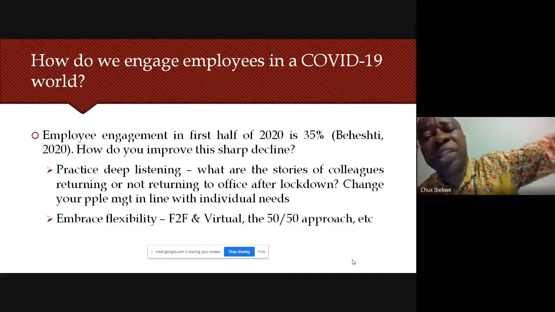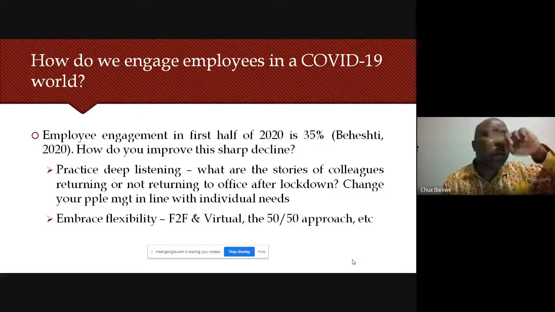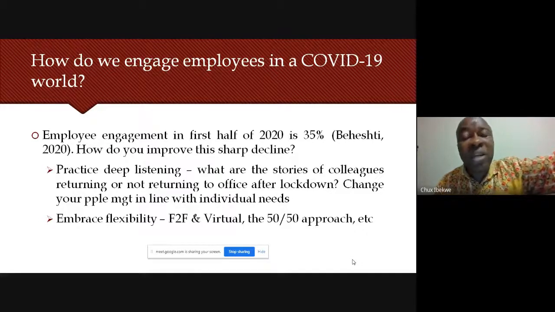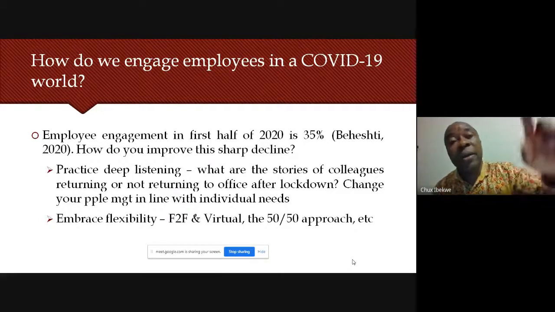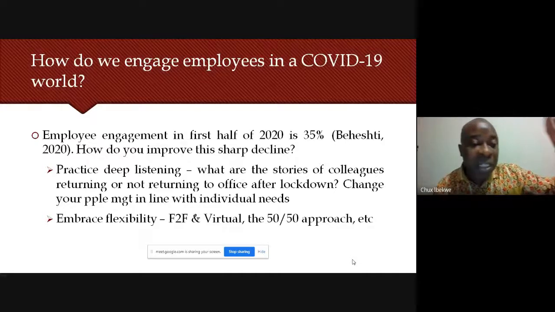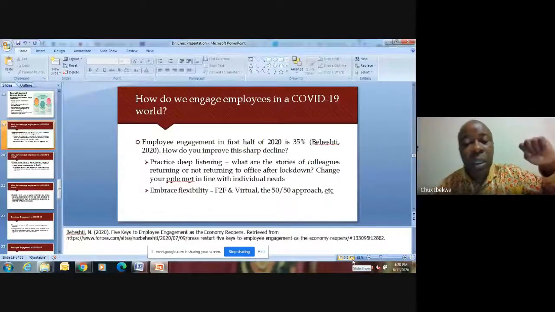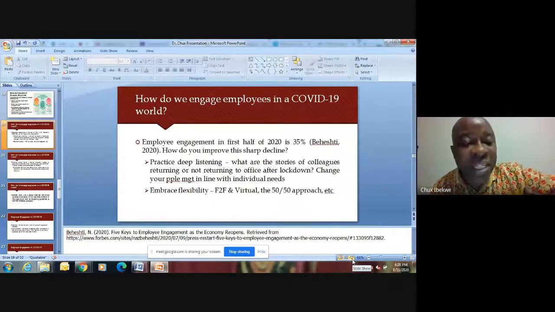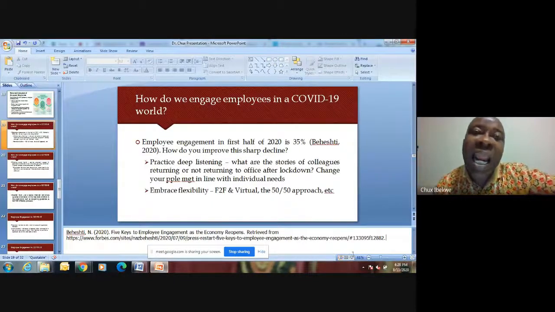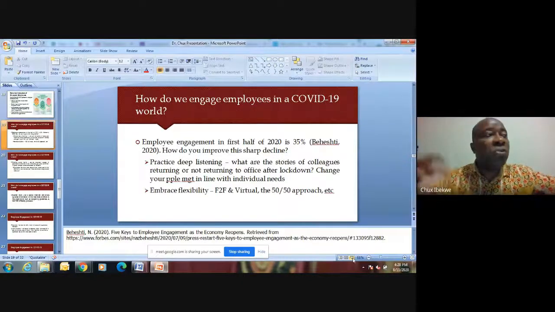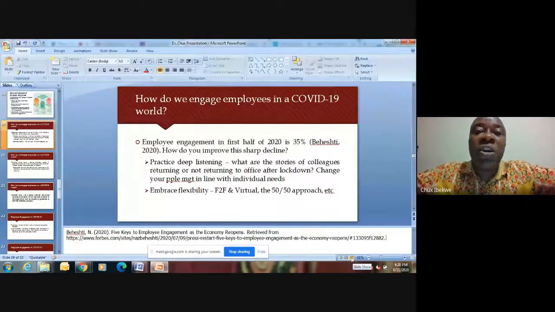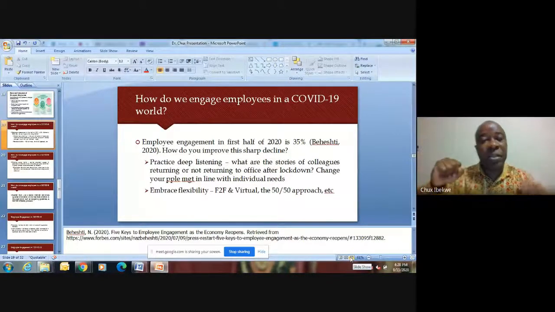Embrace flexibility, my good friends. Part of that flexibility includes face-to-face. Please, I'm on slide number 19. Face-to-face, when practicable, allows few employees, don't fill the room, except if you have enough space to observe social distancing.